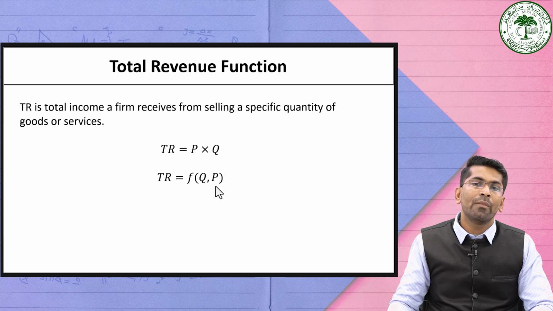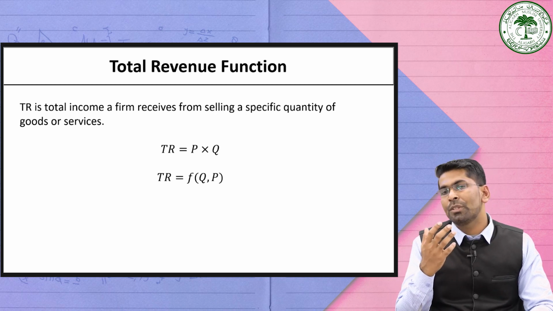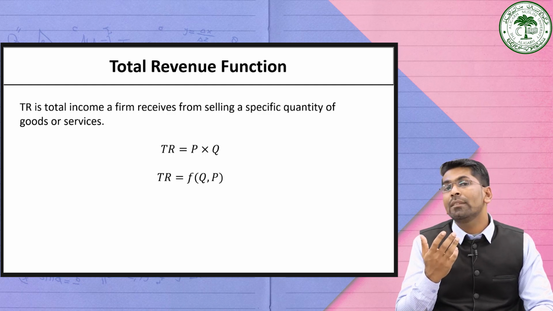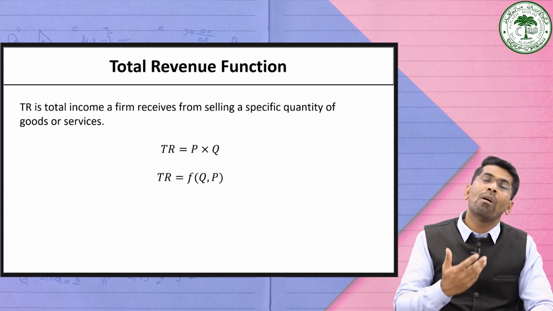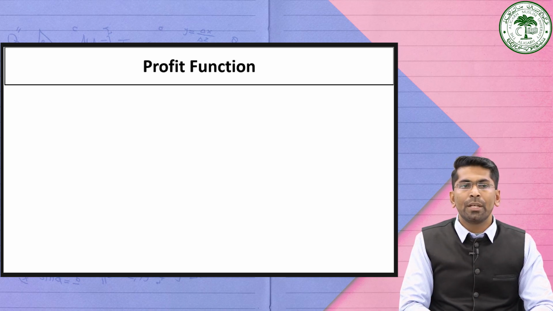Understanding the total revenue function is essential especially for business people to analyze how changes in price and quantity affect their overall revenue performance. So this is the total revenue function.